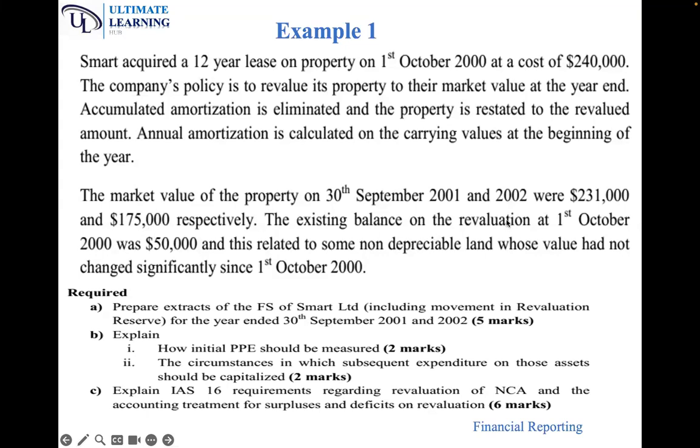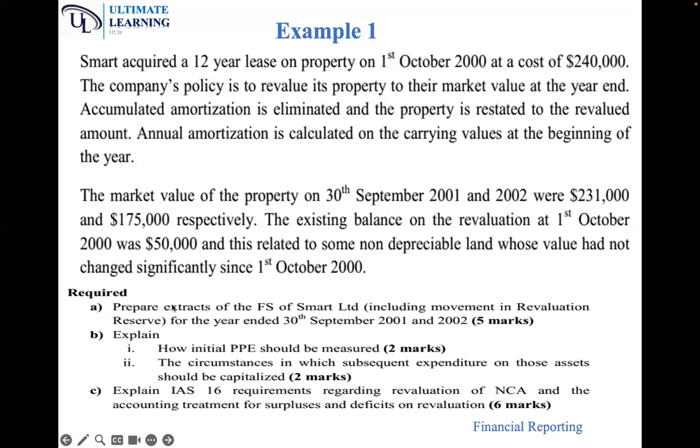The existing balance on the revaluation at 1st October 2000 was $50,000. So the revaluation reserve at the beginning of the year was $50,000, and this related to some non-depreciable land whose value had not changed significantly since 1st October. Please listen to the questions very well.